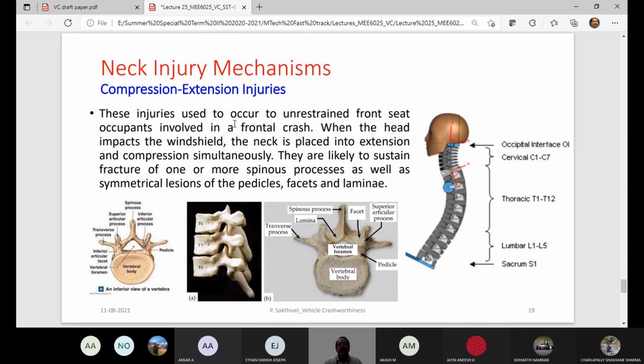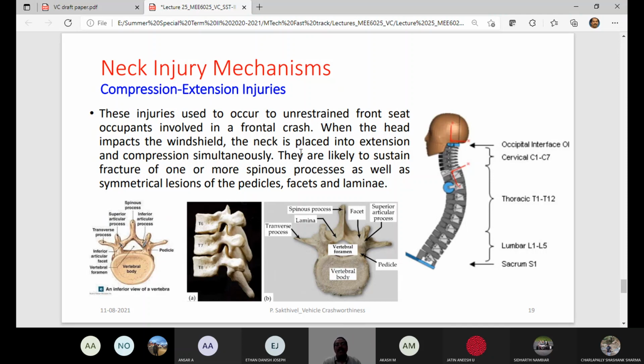These injuries used to occur to unrestrained front seat occupants. If we are not restrained, this would be happening. Compression extension injuries can be because of unrestrained front seat occupants involved in a frontal crash, when the head impacts the windshield, as we have seen in a video. When sudden brakes are applied and there is impact, you are thrown to the windshield.